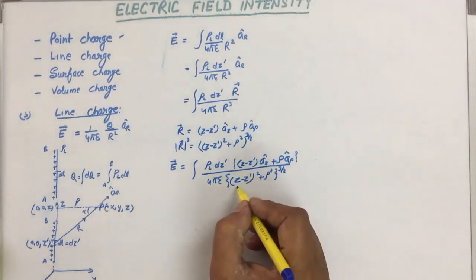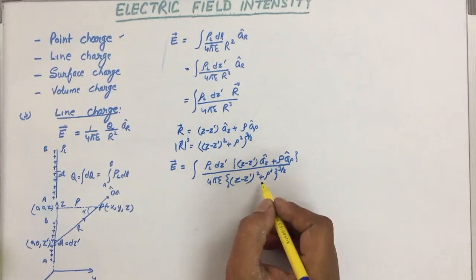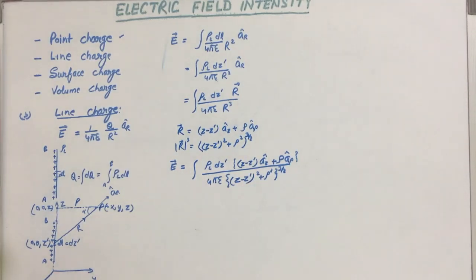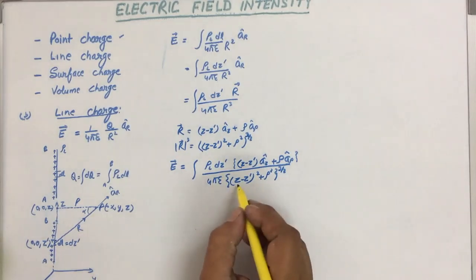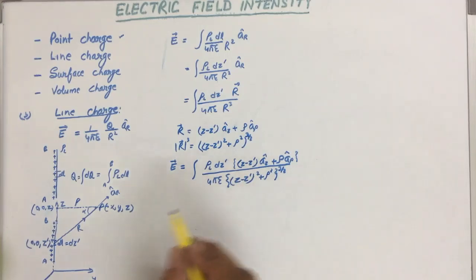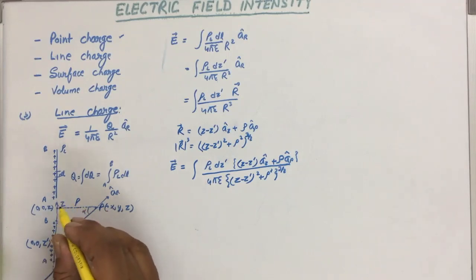See, we don't know z and z dash, both of them we don't know, because the known terms are a and b only. So what we can do is write z minus z dash in terms of the known terms.